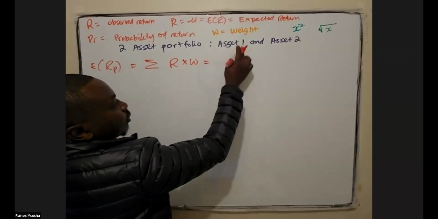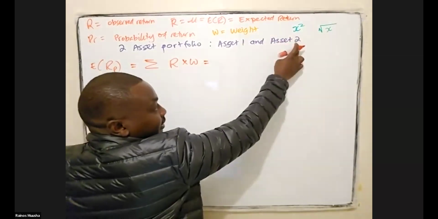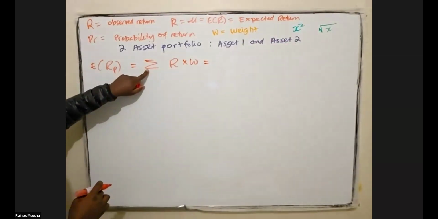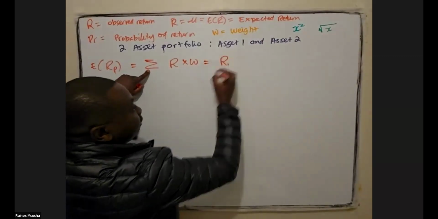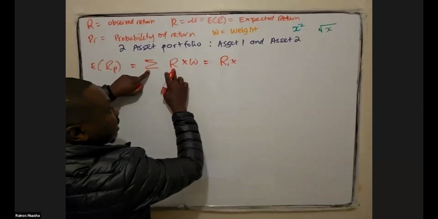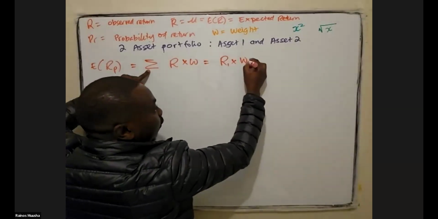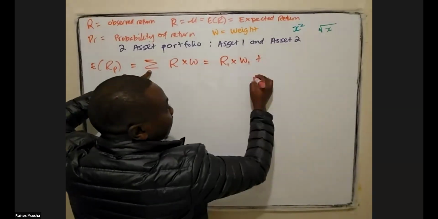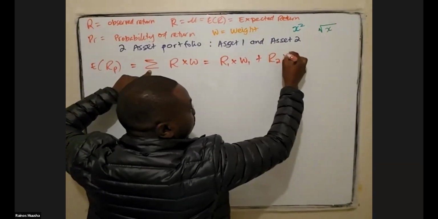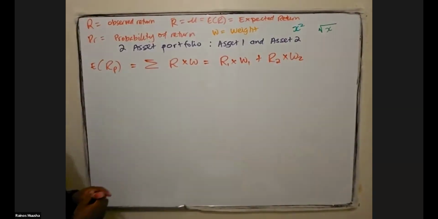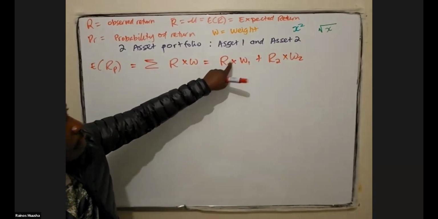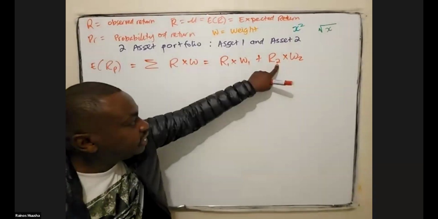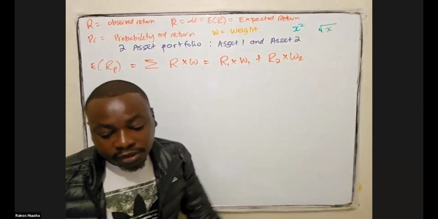Now, remember we have a two-asset portfolio, asset number 1 and asset number 2, which means since you are summing up the two assets together, I'm going to say the return of asset 1 multiplied by the weight of asset 1, plus the return of asset 2 multiplied by the weight of asset 2.